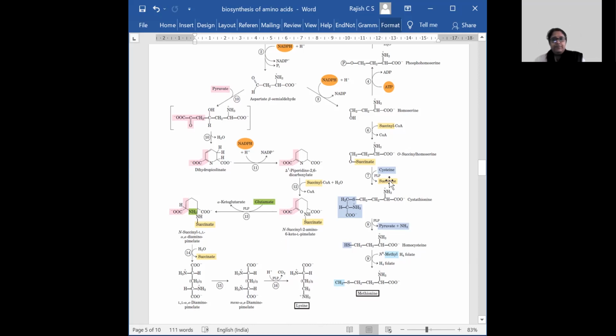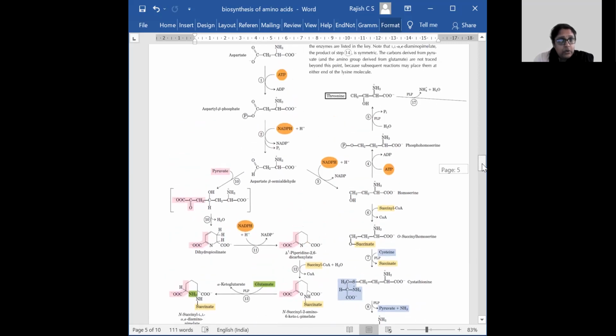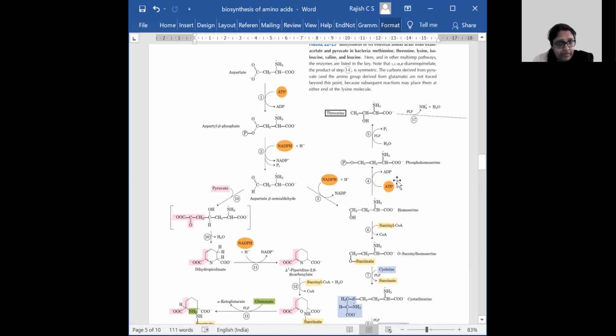Now, if we were to look into the biosynthesis of threonine, then we will have to start from the aspartate semialdehyde. So the aspartate semialdehyde can undergo a dehydrogenase reaction.